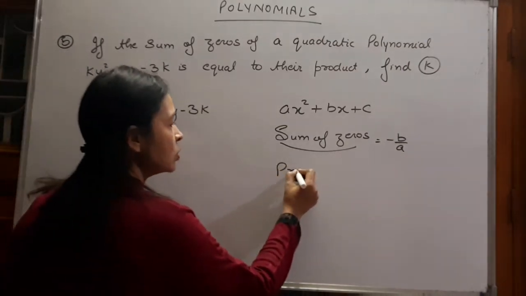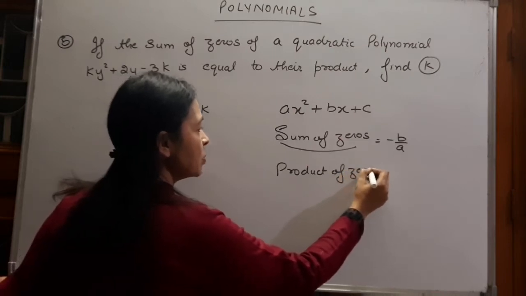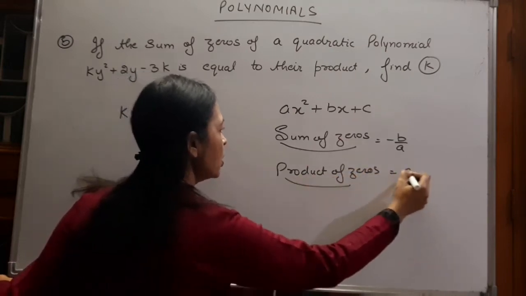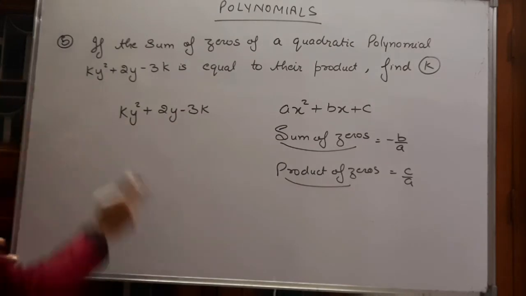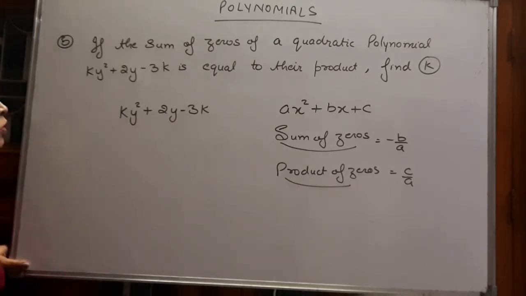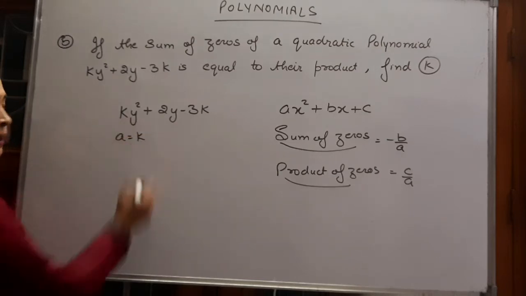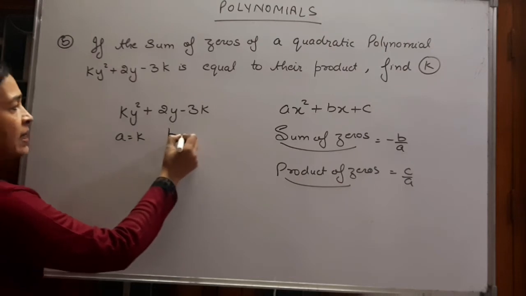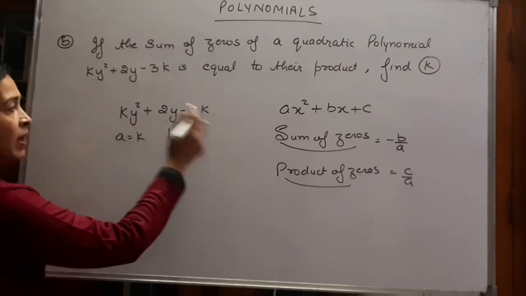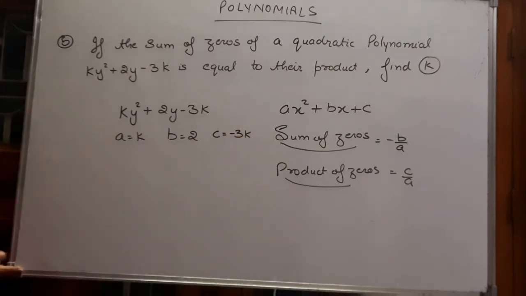And what is product of zeros? Product of zeros is c upon a. Now, in this case, the sum of zeros is equal to the product of zeros. What is a in this case? K. We have b as 2, coefficient of y, and c as constant, which is minus 3k.